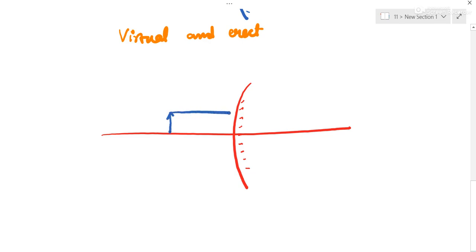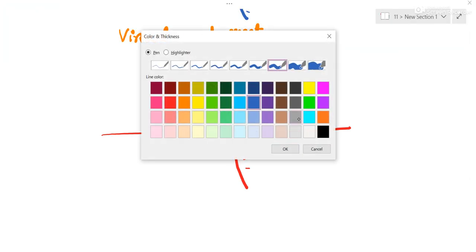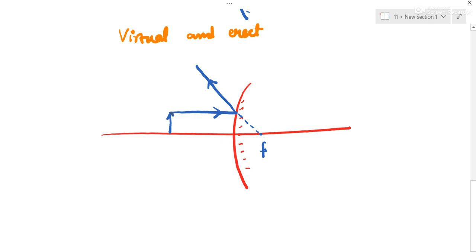The first ray parallel will be reflected outwards and go through the focus. The second ray you can take any, like I will take this. It will fall at the same angle and reflect at the same angle, so it is also produced back. So here is the image. What is the size of the image in comparison to the object? It is diminished. So all three pieces of information are found.